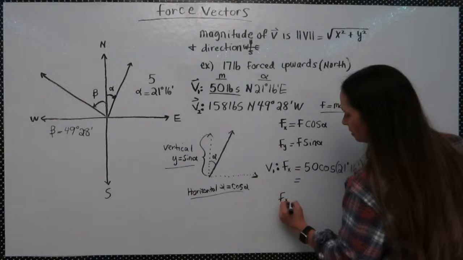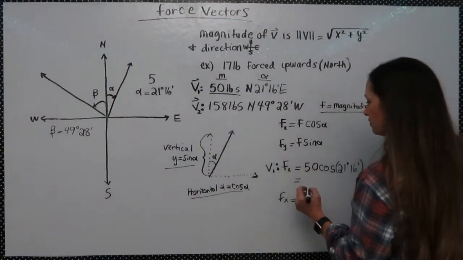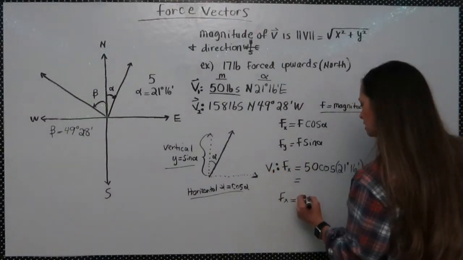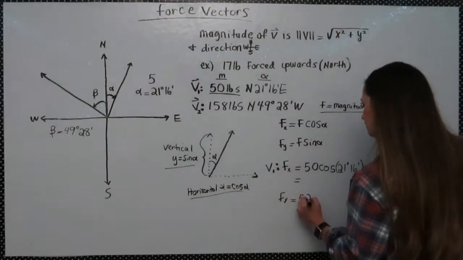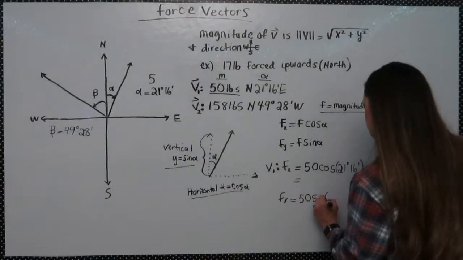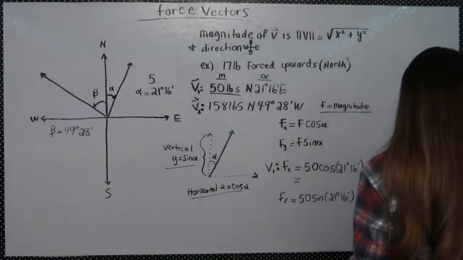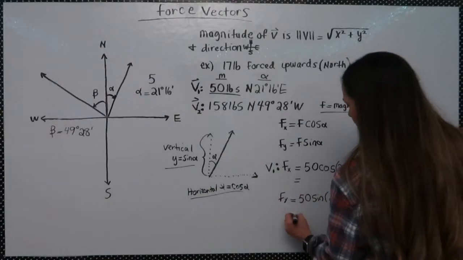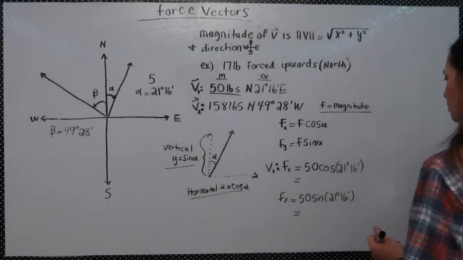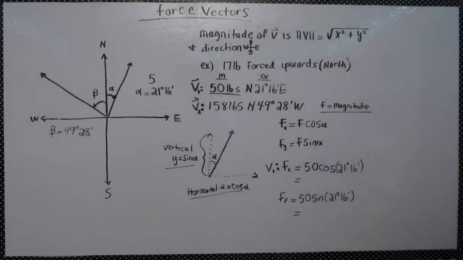The y component for your first vector is going to be 50 sine 21 degrees and 16 minutes. We'll leave room there and we'll work those. All right, let's plug those in a calculator.